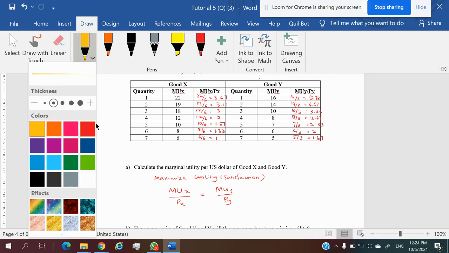So you have to look at the answer here and the answer here. Which combination of goods gives you the same value? We have 2 over here and 2 over here.